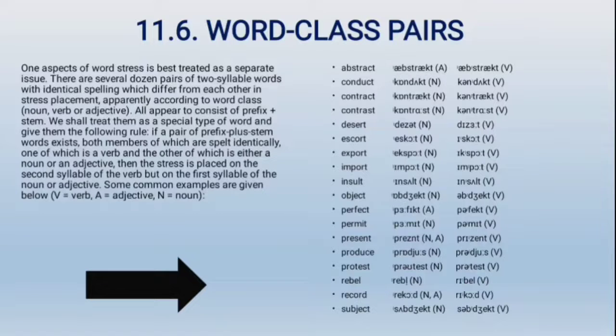If a pair of prefix plus stem words exist, both members of which are spelled identically, one of which is a verb and the other of which is either a noun or an adjective, then the stress is placed on the second syllable of the verb but on the first syllable of the noun or adjective.